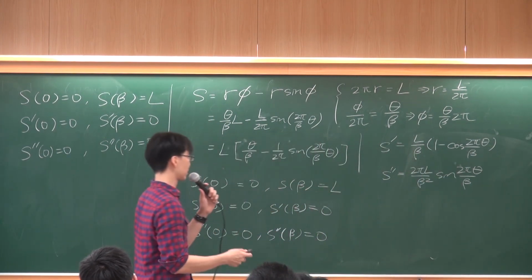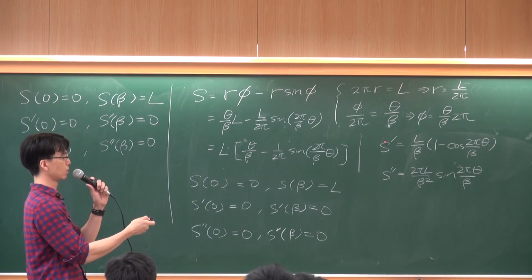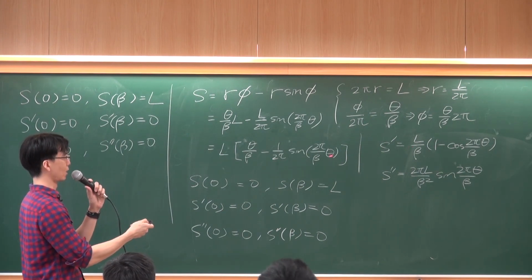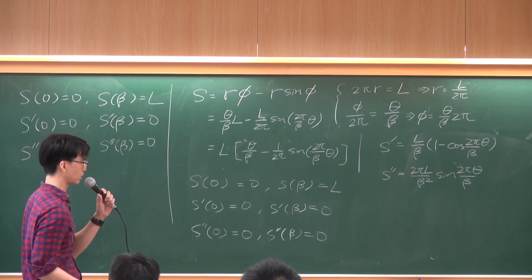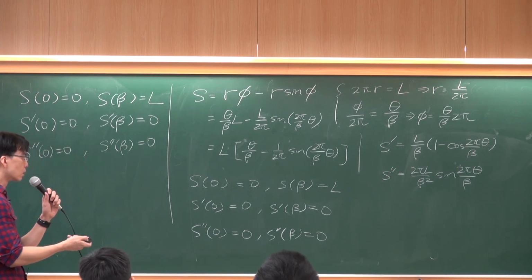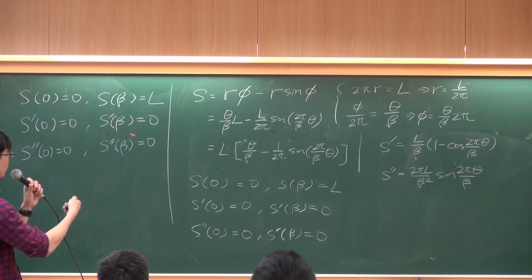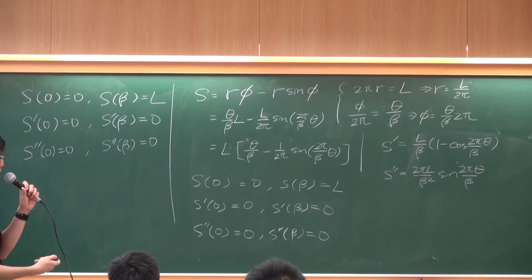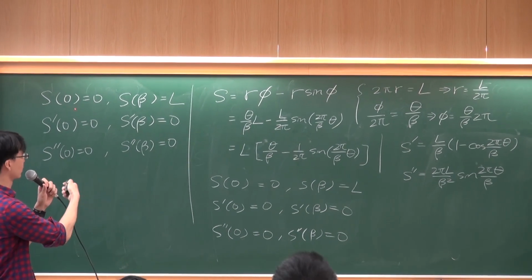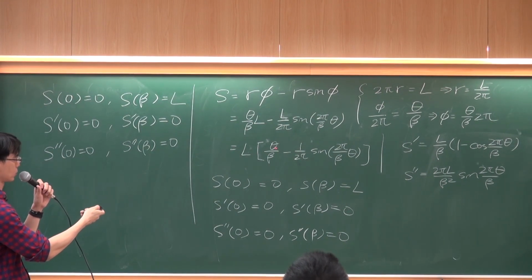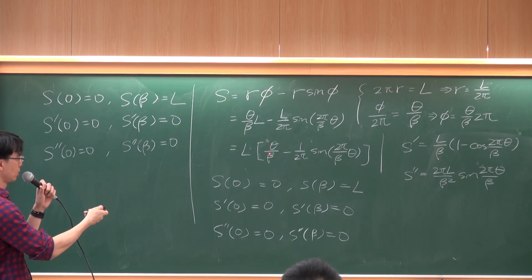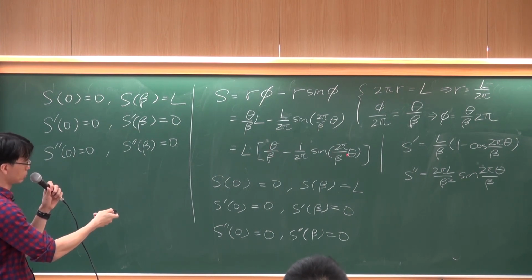Once we get the displacement, you can do a differentiation over theta. You get a velocity, and do it again, you get an acceleration. So right now we need to check if we can satisfy all these 6 conditions. The first one, we still check with the displacement. If you substitute theta with 0, this term will be 0, and this sine 0 will also be 0.